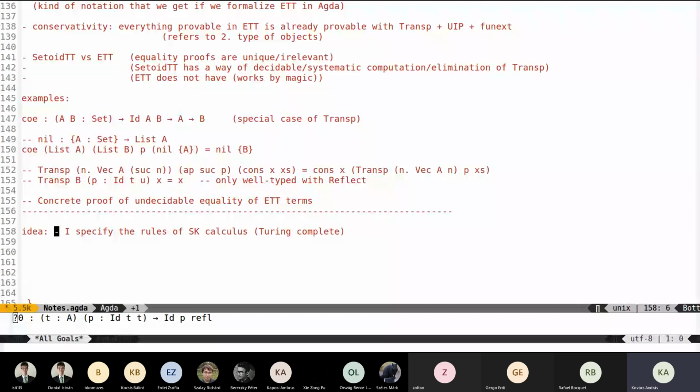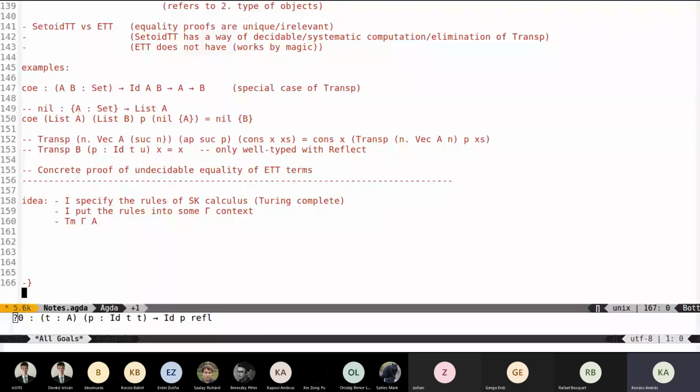And the computation rules are given by identity types. Now I can put the rules into some gamma context, and Tm gamma A basically. So Tm gamma of this SK term.